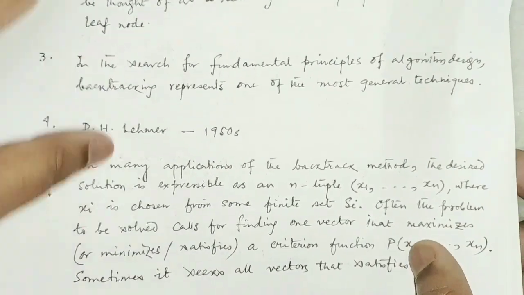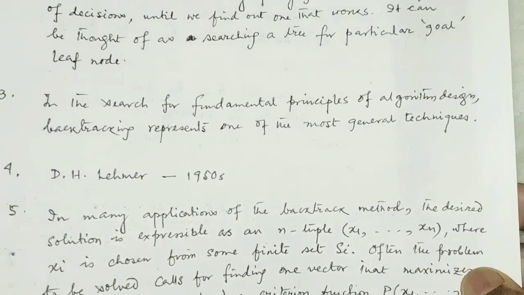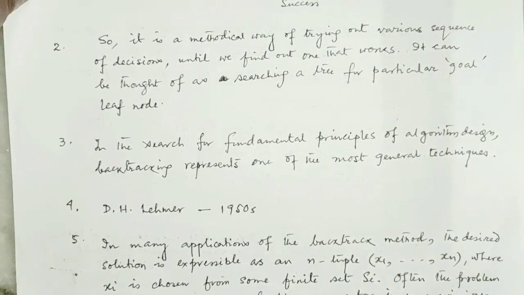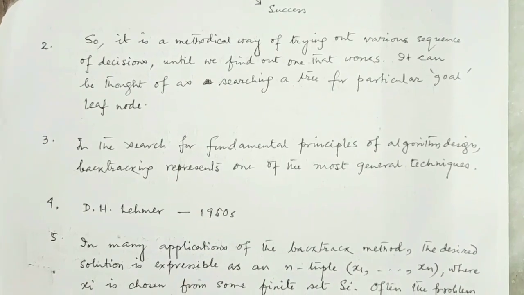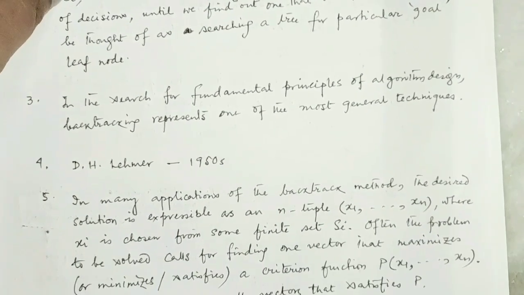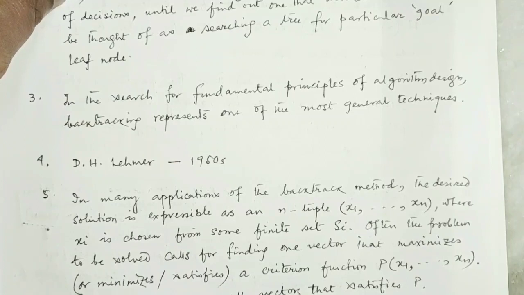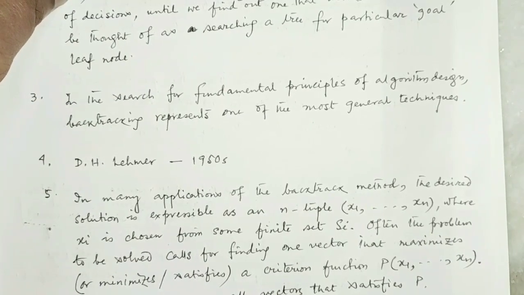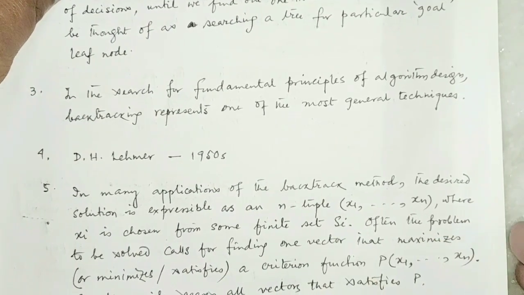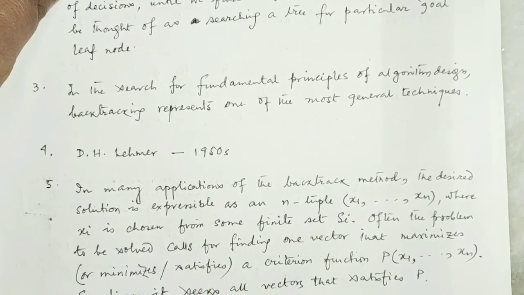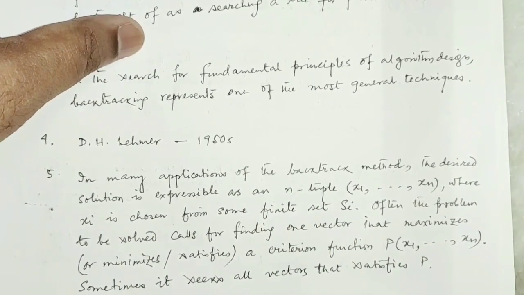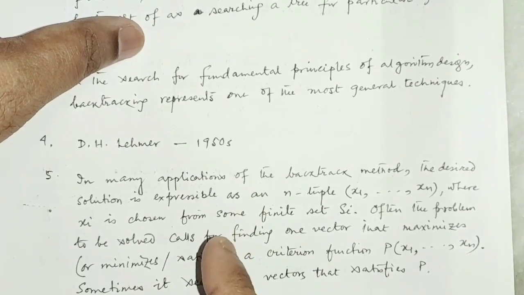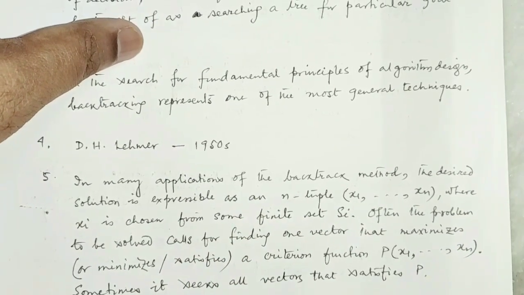The same type of strategy we will find when we deal with particular problems, for example the n-queens problem as per your syllabus, or even a graph coloring problem. We will find out how the solution is expressed in terms of this tuple, and how the criterion functions are to be checked so that they are not violated.